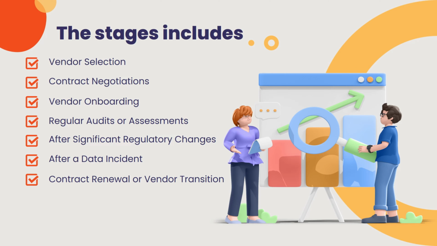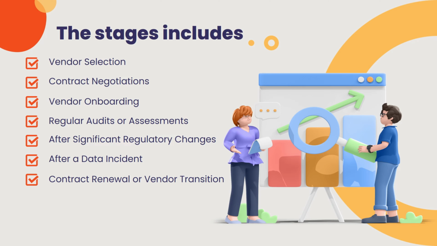Next one is the contract negotiations. During the contract negotiation, when you are finalizing the terms of your relationship, it is crucial to have a clear understanding of the vendor's data handling responsibilities. So mapping these principles to their obligations in the contract ensures that you are both on the same page about data protection expectations.